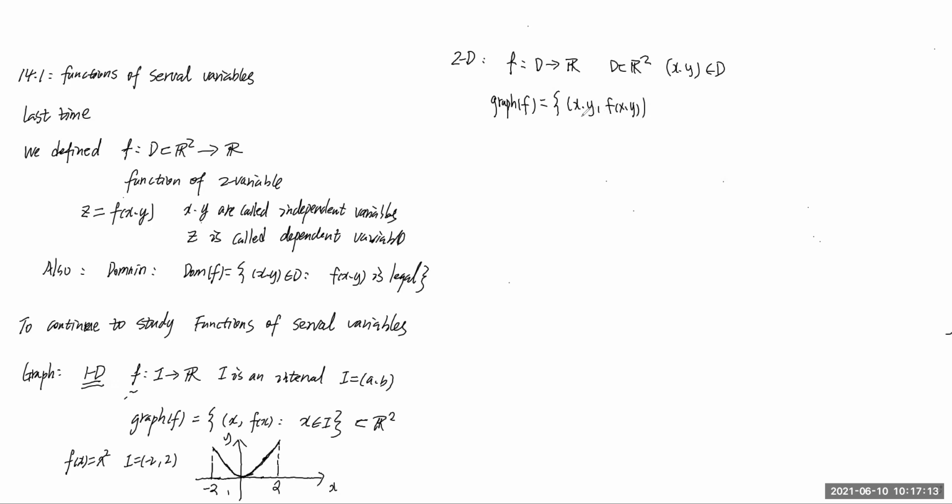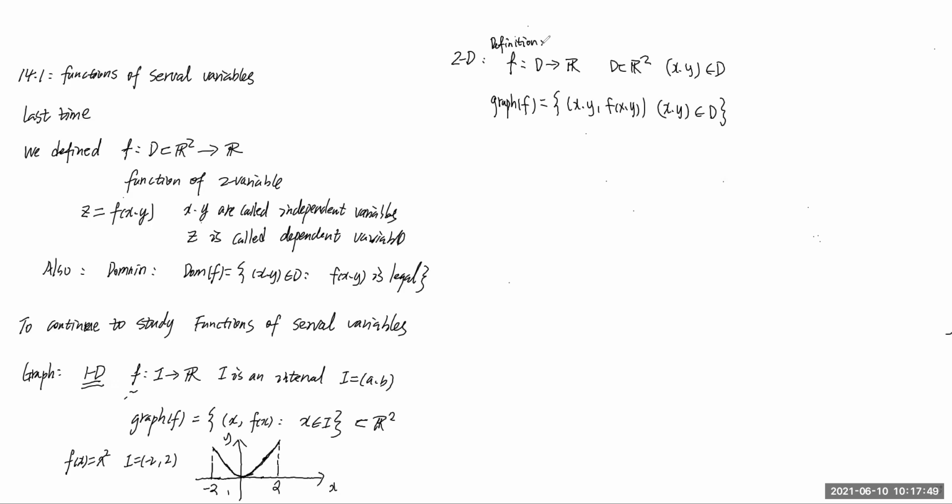For the 1D case, there is only one independent variable, so you only have x. Now you have two independent variables. You just put the two independent variables together and add the value, and then you get a triple, a coordinate in R3, for all (x, y) in D. You get the graph of the function. This is just a definition for today.